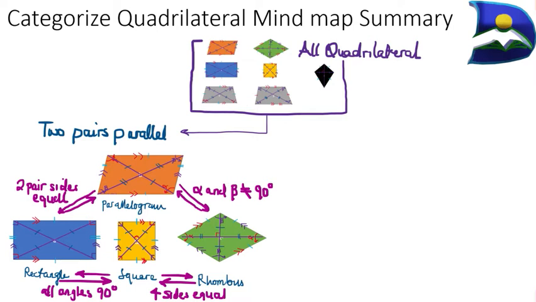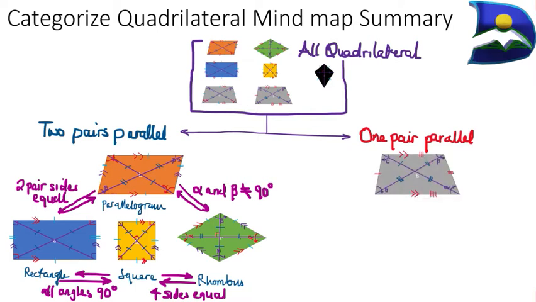And now moving on to parallel, there are 2 pairs down to 1 pair that is parallel. We have the gray one that has one particular pair that is parallel to each other, which we notice here. However, all these side lengths are not equal.